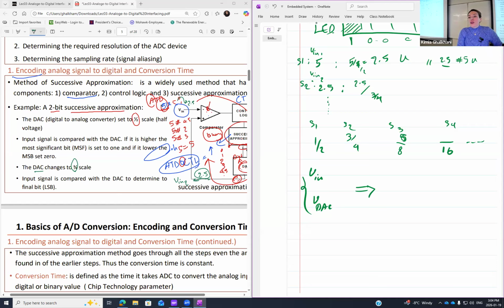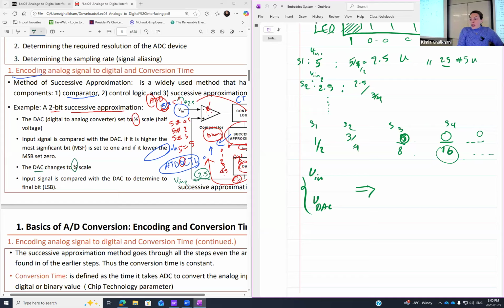In fact, the reason for me to leave this one empty is because it's a function of how big the number is. That's why I cannot leave a constant number in here. But this part is always constant: 4, 2, 4, 8, 16, and so on. Here is a function of what I have as an input. I leave it empty.